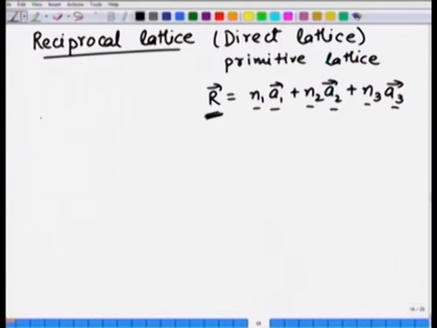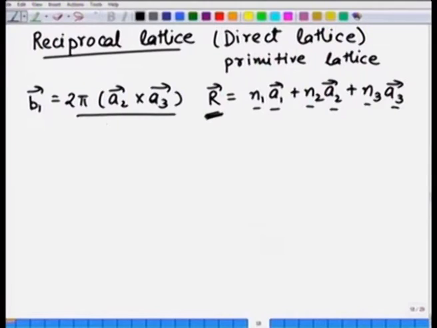Now, similarly, I am going to just write some expressions, some vectors now. First, I am going to write the B1 vector, which I am going to write as 2 pi divided by Vp, multiplied by the cross product of A2 and A3, where Vp is the volume of this particular primitive cell, I will show you. I will write the B2 vector, just do not worry, just think there is something being written.